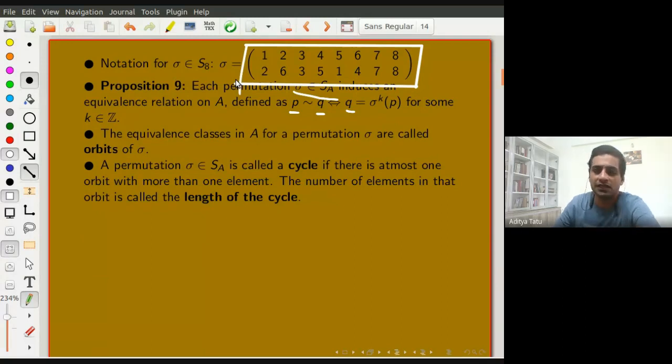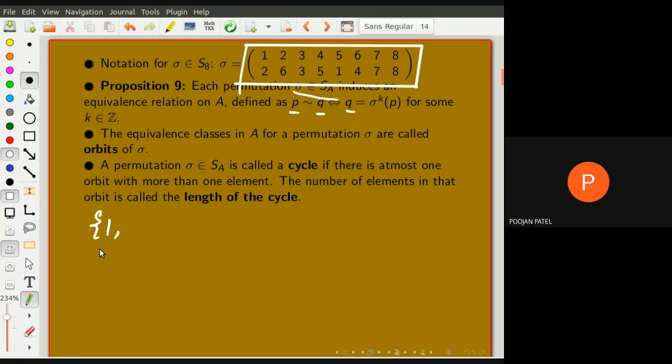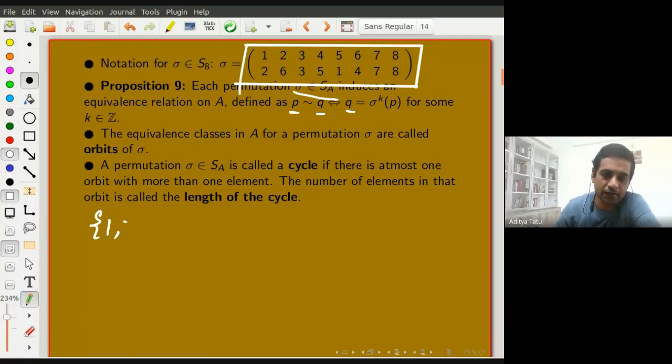what are its equivalence classes? Let's find the equivalence class containing the element 1. We begin with 1. If I apply sigma to 1, what element do I get? 2.